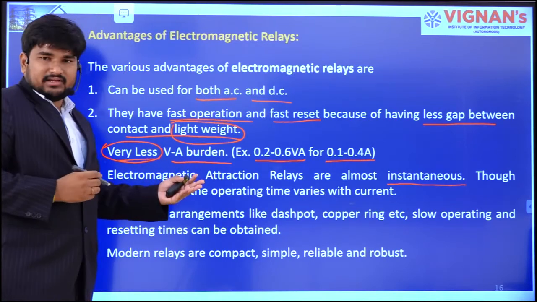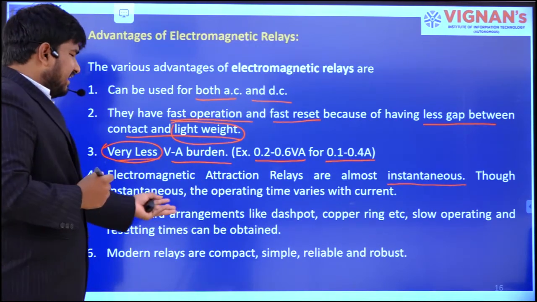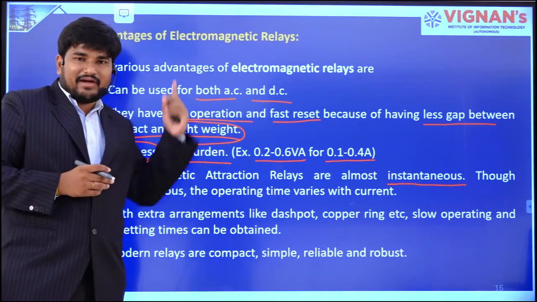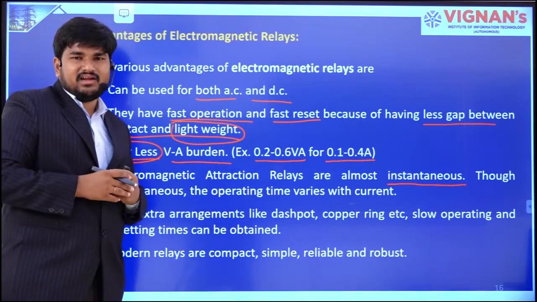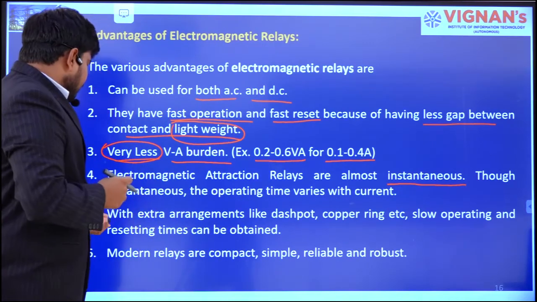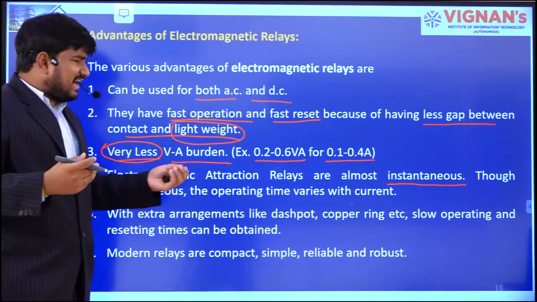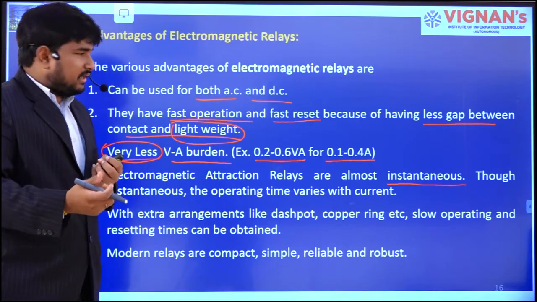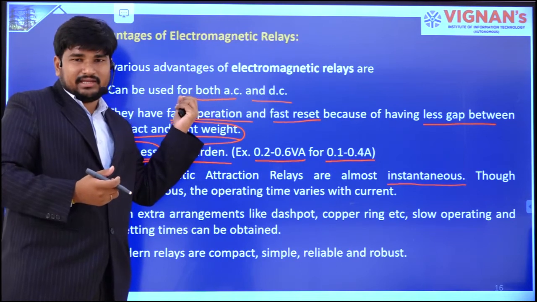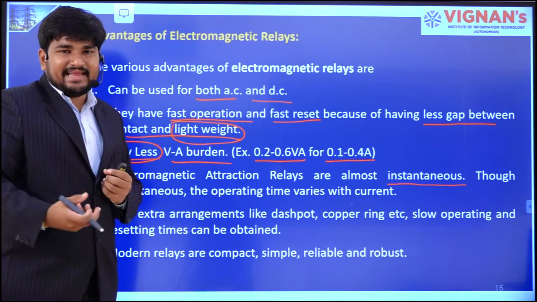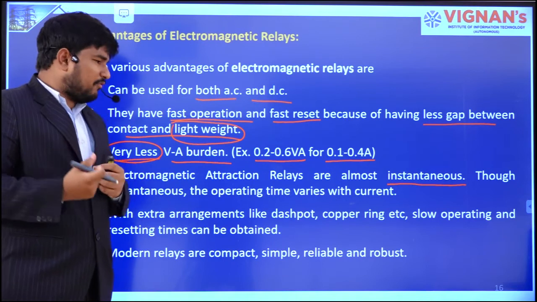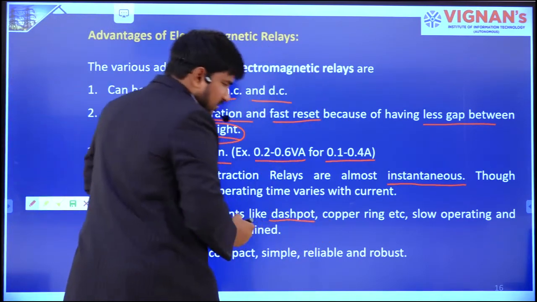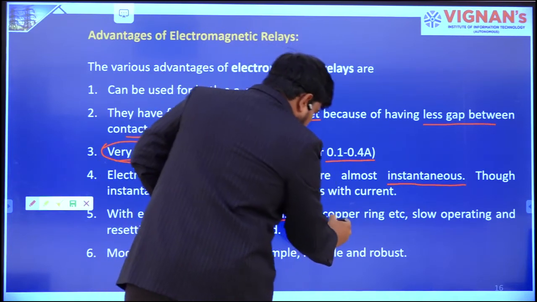And though it is instantaneous, the operating time varies with current. We have seen the graph between current and time. There is an additional advantage in this case. These are instantaneous relays only, but if you want to provide any time delay, we have a provision by using equipment like an oil dashpot and a copper ring.